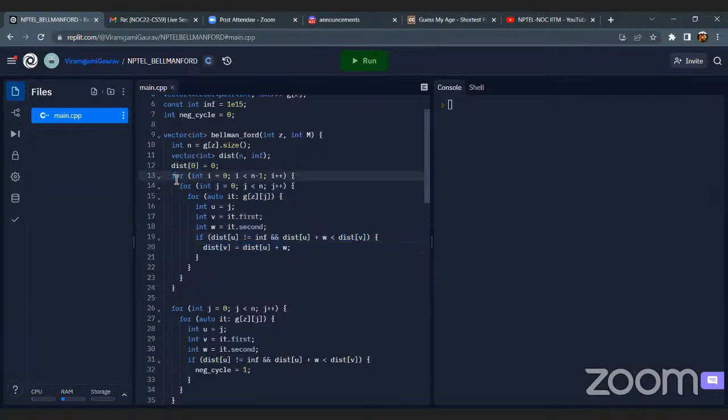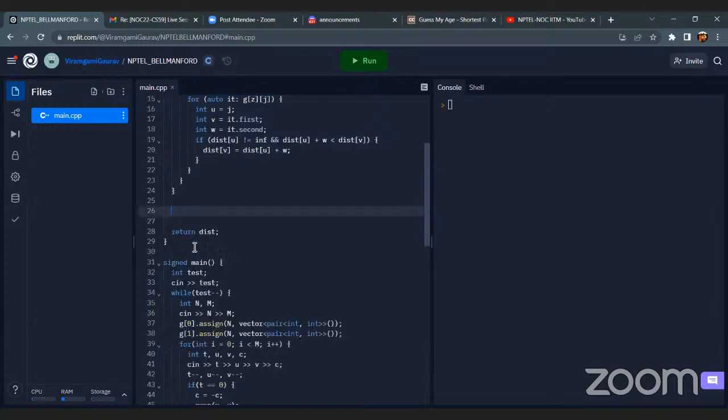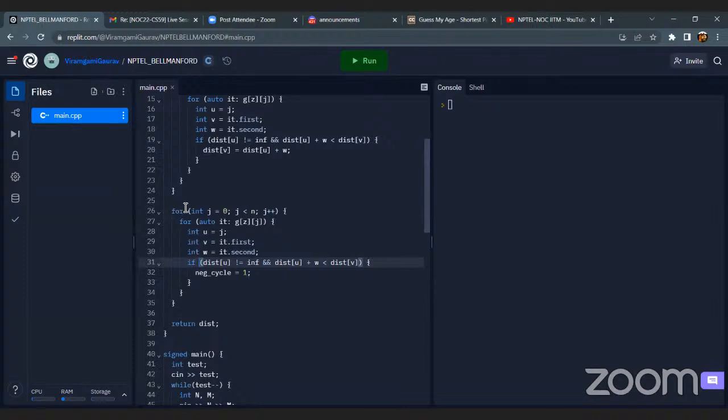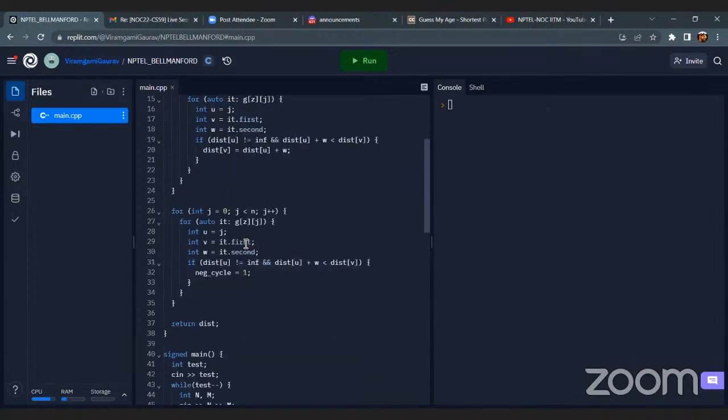After running this algorithm for n minus 1 times, I will run it separately one more time to see if there is still some vertex for which I can update the path, which denotes that there exists a negative cycle. If you have seen the lectures, after this n minus 1 iterations, if we still run the algorithm and can get a better, more improved path length, then there exists a negative cycle.